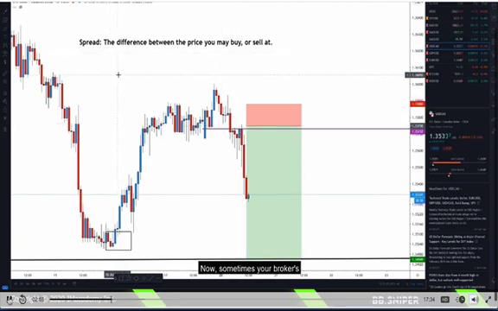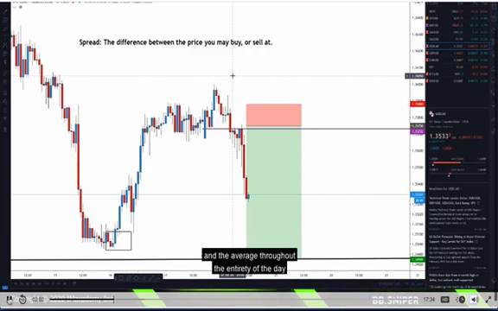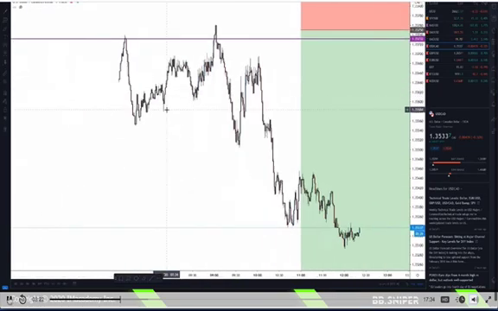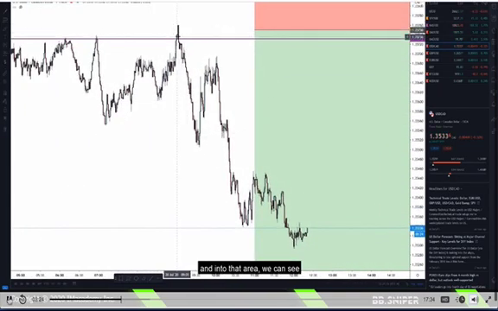Now, sometimes your broker is going to have very, very low spreads, and the average throughout the entirety of the day may only be 1 to 2 pips. It could be even less depending on your account type. But in this particular instance, if the spread was greater than 1 pip at the time that the market traded up and into that area, we can see that it was not there for very long.